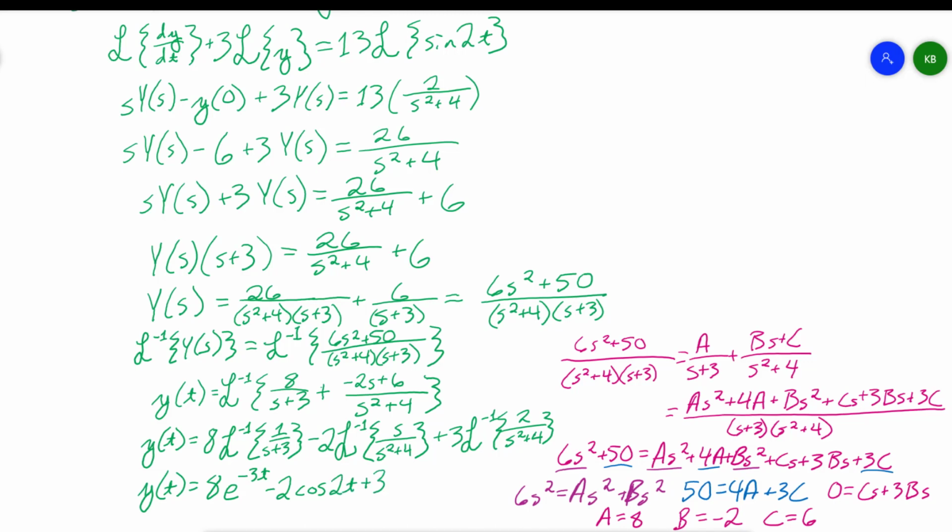Plus we've got a 3. And since our constant's in the numerator, this is sine of that constant times t. So the Laplace transform has just given us the solution to that initial value problem: 8e to the -3t minus 2 cosine of 2t plus 3 sine of 2t.